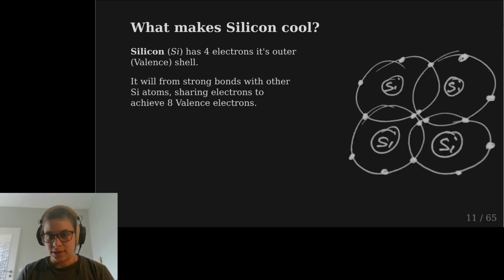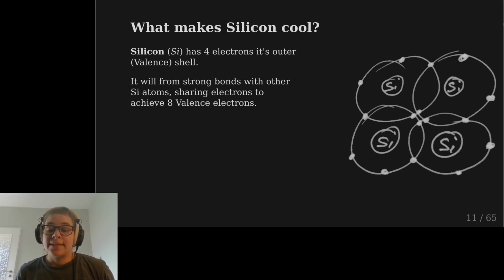This is practical because together with other silicon atoms, it can form very strong bonds, since it can always share electrons with its neighbors. With 4 neighbors, they can share enough electrons to fill up the 8 electrons in the valence shell, and they form this very strong, very tight bond. That's good for silicon.